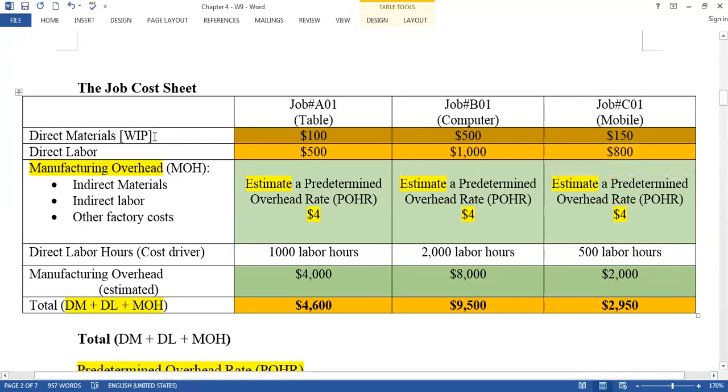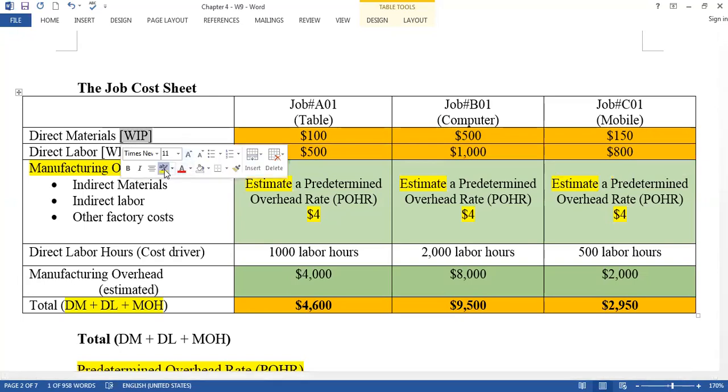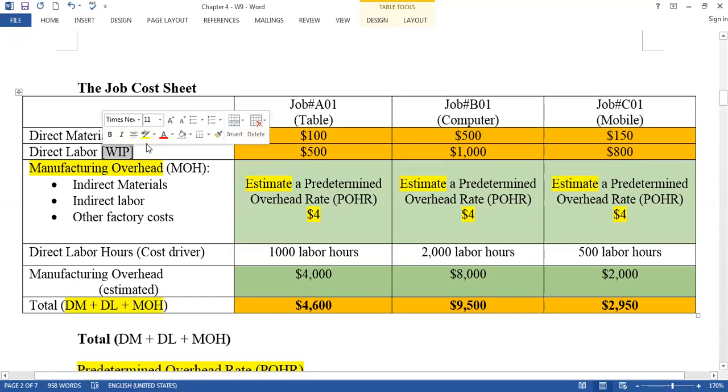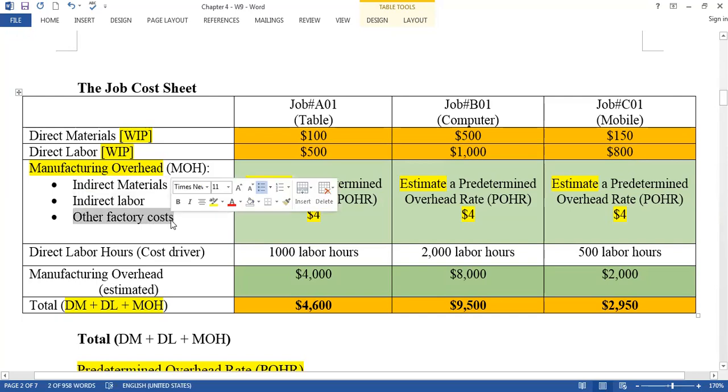Same with direct labor, also easily transferred to WIP. So these two numbers, direct materials and direct labor, we can directly transfer to WIP. Do you understand? But indirect materials, indirect labor, and other factory cost, we cannot directly transfer to WIP.